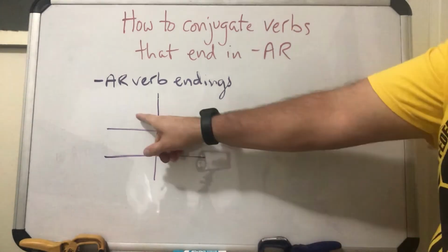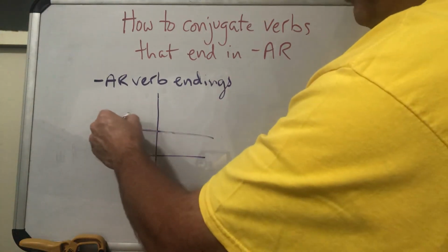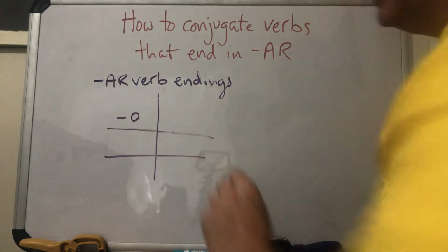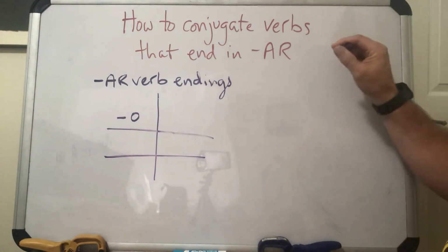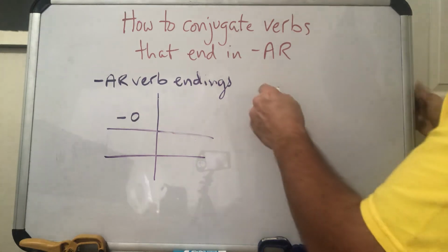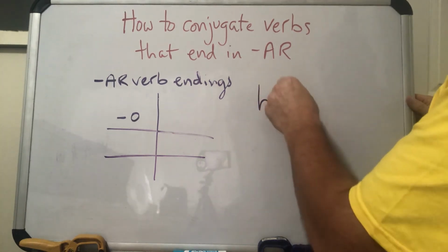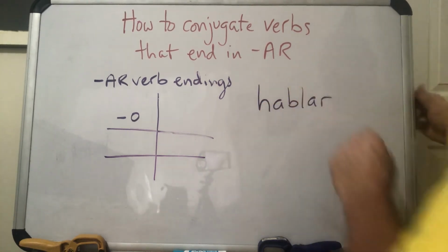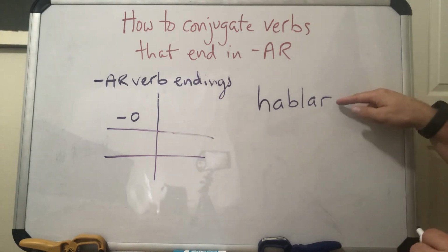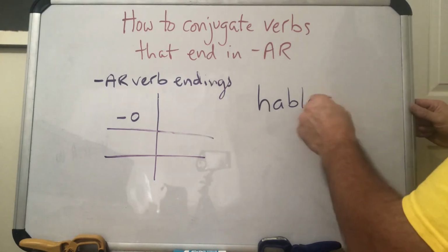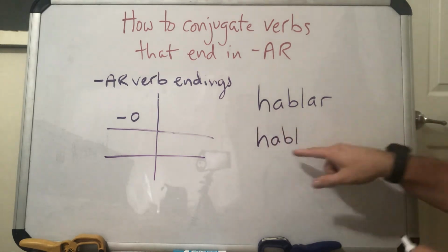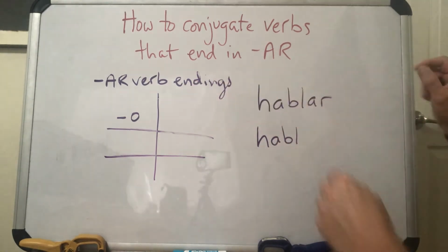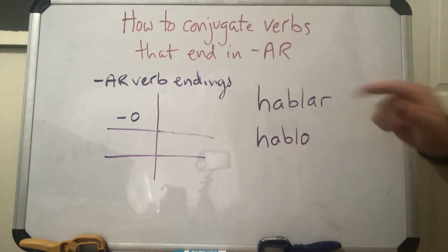If I'm talking about myself, my ending will be O. That's what I'm going to add to the stem, because remember, I already took off the AR. So let's go back to hablar. There's my verb, my infinitive, which means to talk. If I remove the AR, I have habl. That's my stem. And then if I add the O to the end, now I just said I talk.